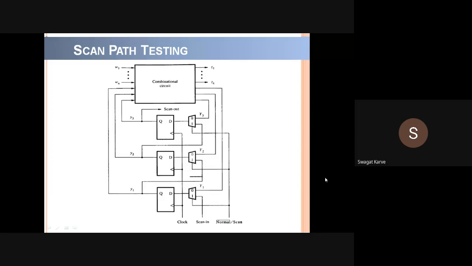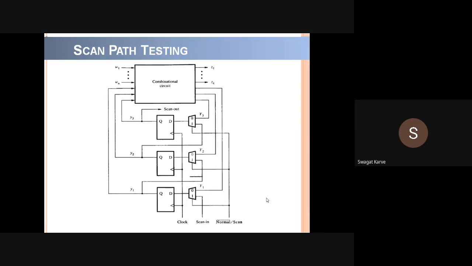That means when you enable that serial scan path, the scan-in pin, it provides better observability and controllability, and the testing is very effective and efficient.